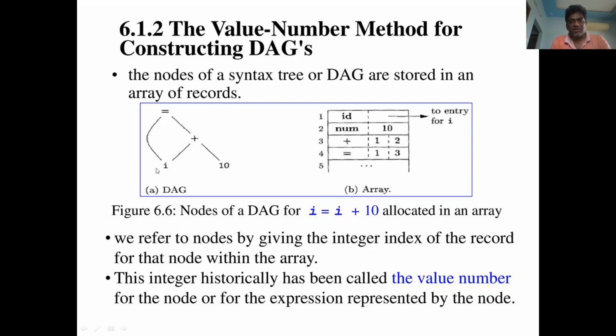So what you need to understand is, in the expression, the first one is an identifier. So you need to write that identifier over here, I, and provide a link for this identifier into the symbol table, so the entry for I in the symbol table. So the information of this identifier will be available in the symbol table, and we are not showing any value over here.